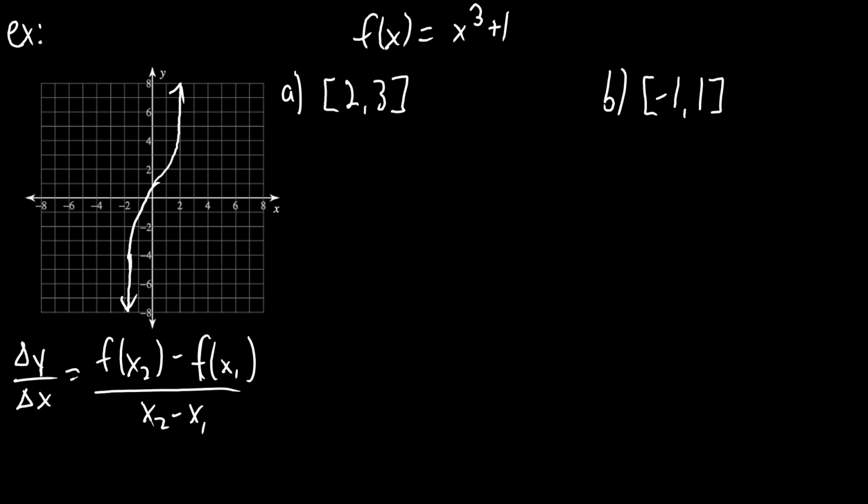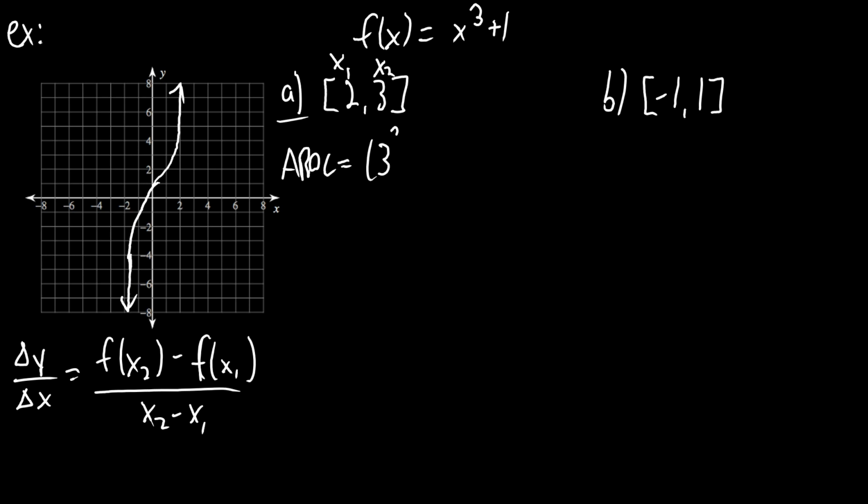So on part A, our interval from 2 to 3, we're not going to be able to show that up on the graph there, but let's just get started here. I would just write AROC, my abbreviation, my acronym for average rate of change. And remember, this is x1, this is x2. So let's just start plugging in values here.